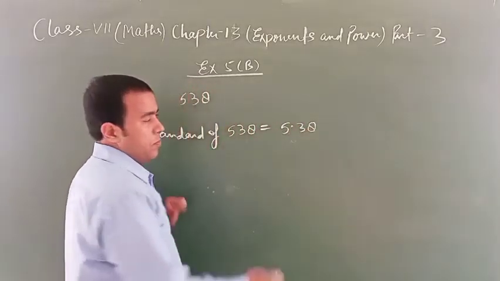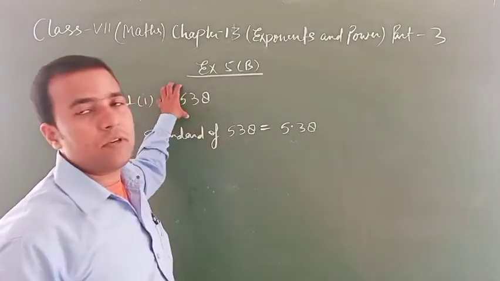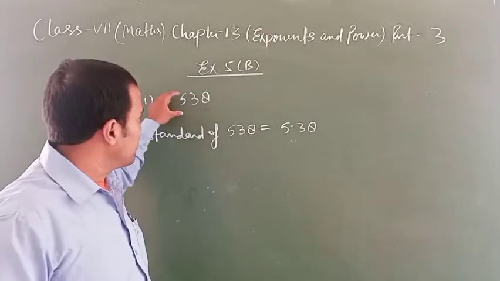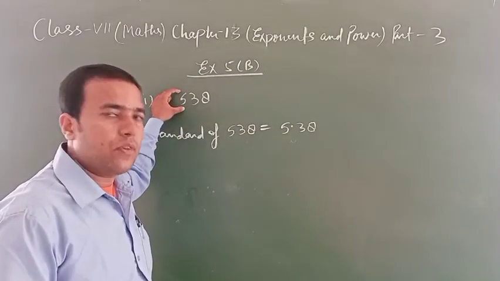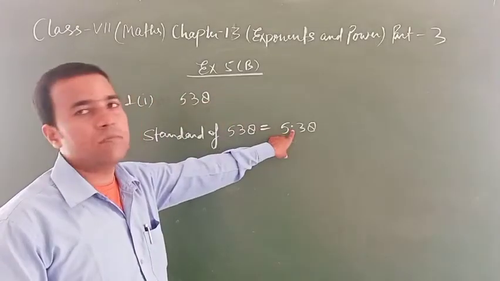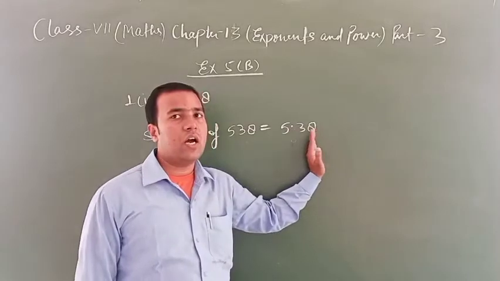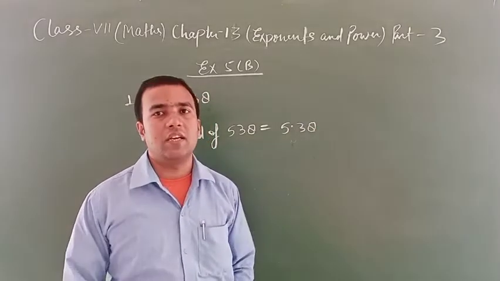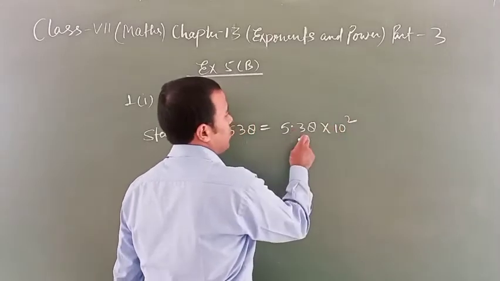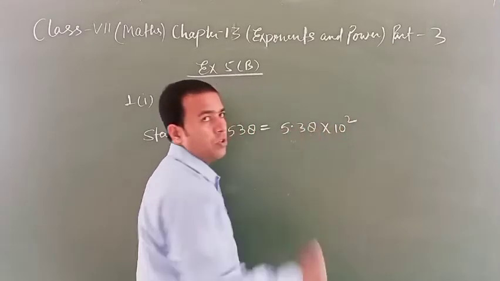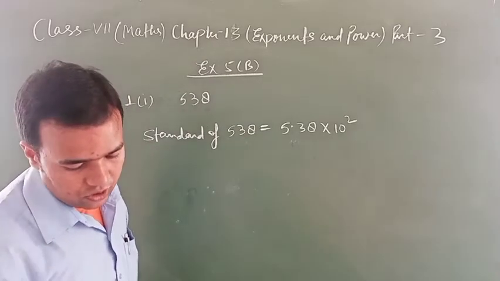You see whatever question is given, the first number you see, just after the first number you put the decimal, then after the decimal you see how many digits are given there, that much power only you will write. After the decimal here there are 2 digits, means 10 to the power 2 you can write, clear. Now this is the second question.